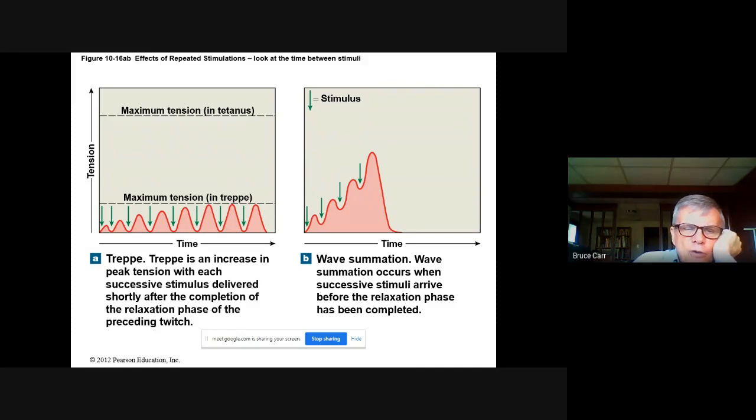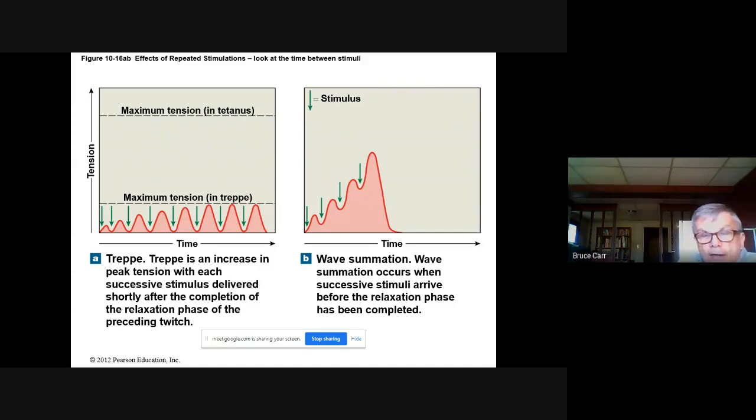Now, if you can think in terms of a myofibril and the tension it's generated, this addresses different patterns of load and duration. In A, the pattern we call Treppe, you'll notice that the green arrows, which are the nerve impulses, are spaced out, and they allow the muscle to generate tension and then relax all the way back down to zero before we stimulate it again.